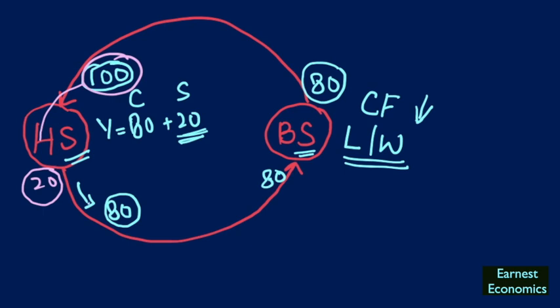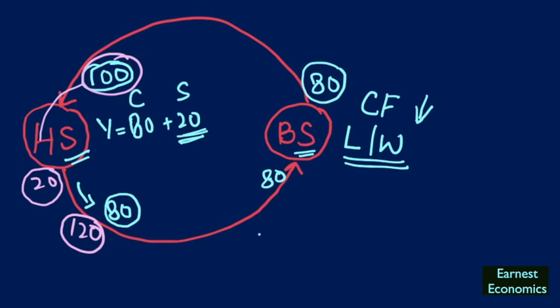For example, it had some money pending with it, and it is throwing that money into the circular flow. Therefore this amount is going to be 120, and thus our circular flow amount is going to increase.